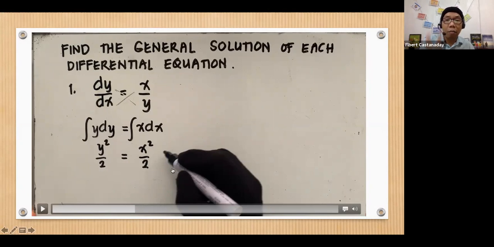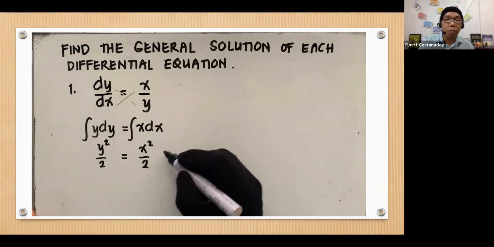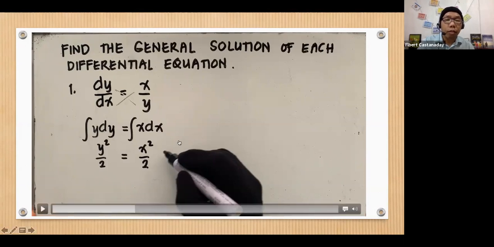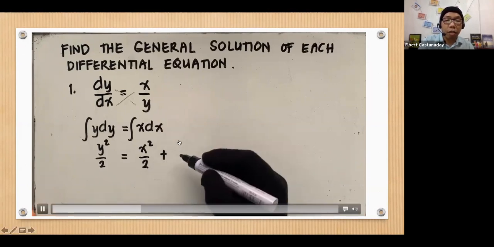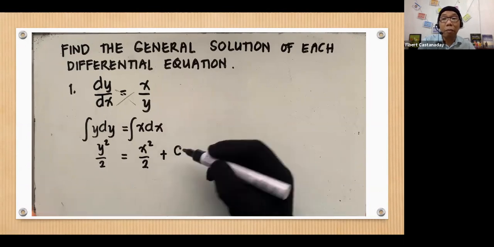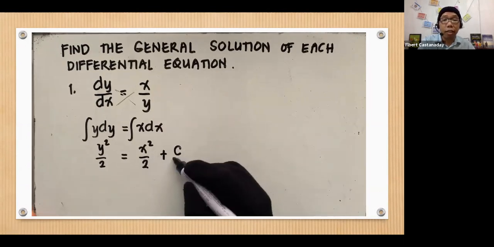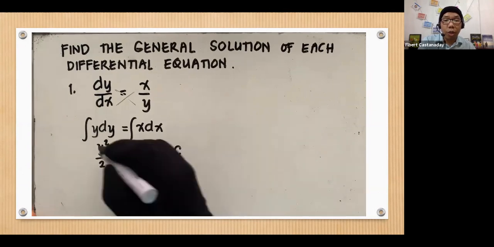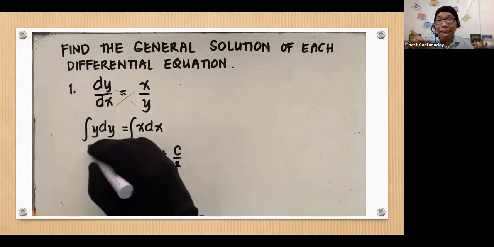Where your independent variable is. So instead of writing plus c there, we can simplify further by putting c over 2. We're doing this because c represents any value or constant, right?